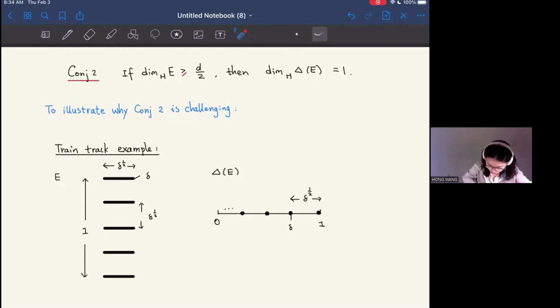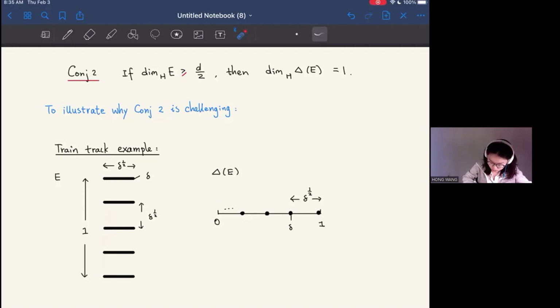Here is an example that's called the train track example. Let's consider E to be a collection of small parallel rectangles inside a big rectangle of length 1 and width delta to the 1/2.